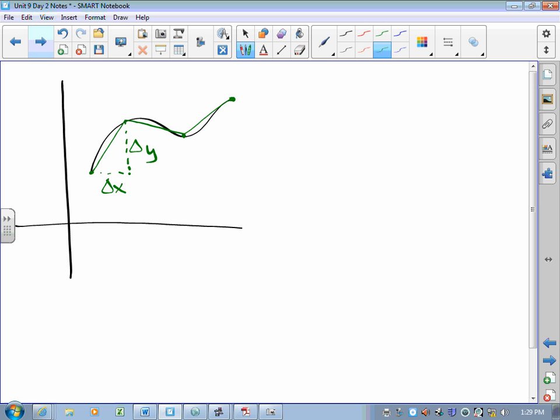a change in y. And so what we're going to do is take a sum of the square root of delta x sub i squared plus delta y sub i squared. And this is how we started building an arc length integral a long time ago.